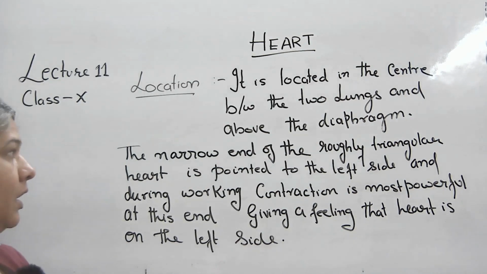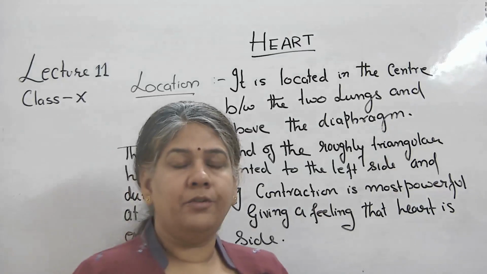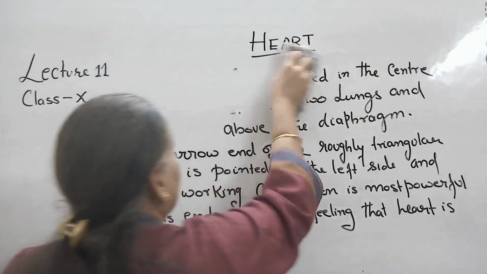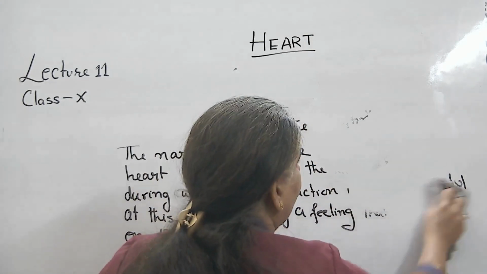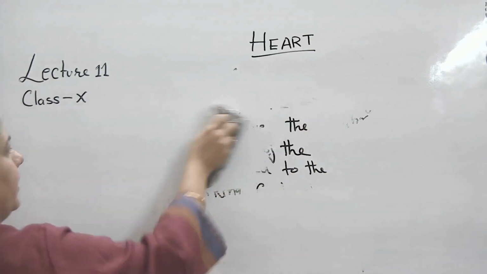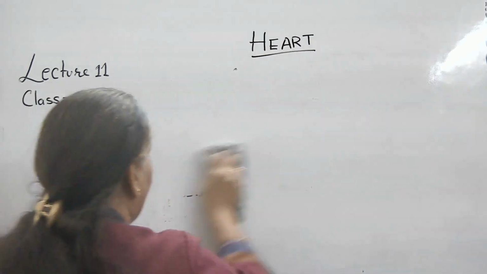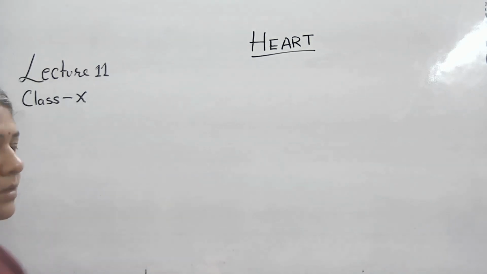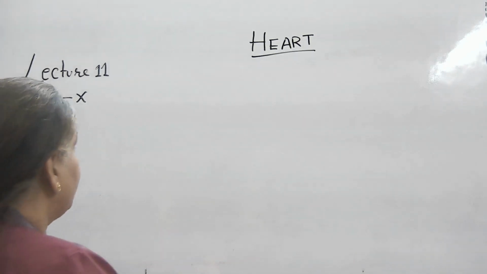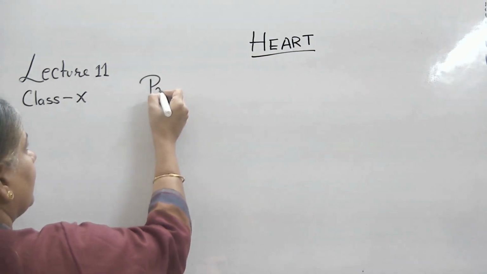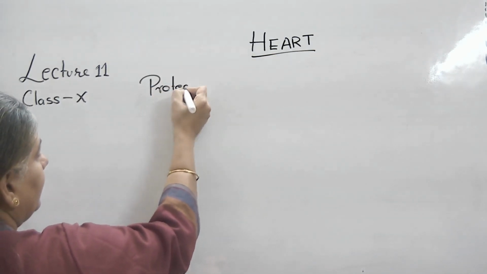Okay. Now we'll see how our heart is protected. See, our heart is located inside the thoracic cavity, so it is protected by bony rib cage. Protection.